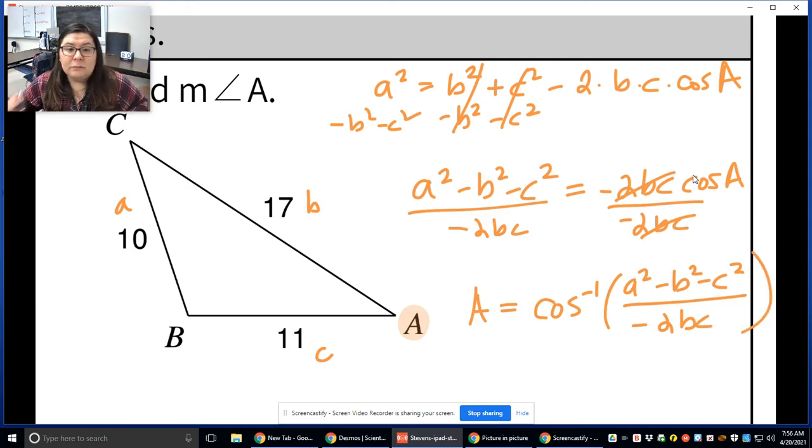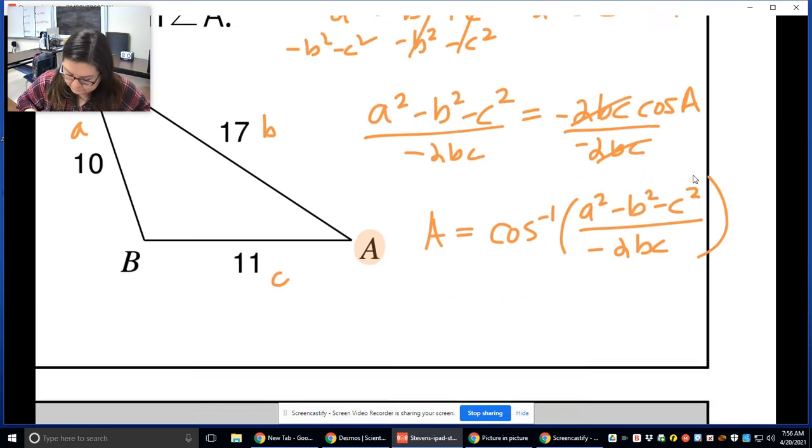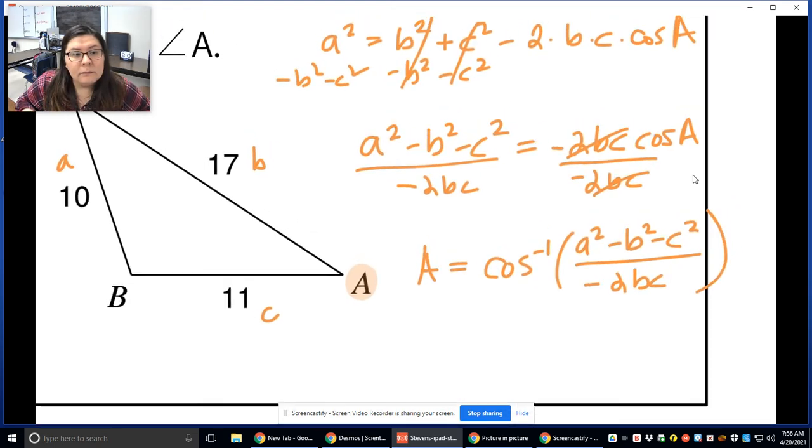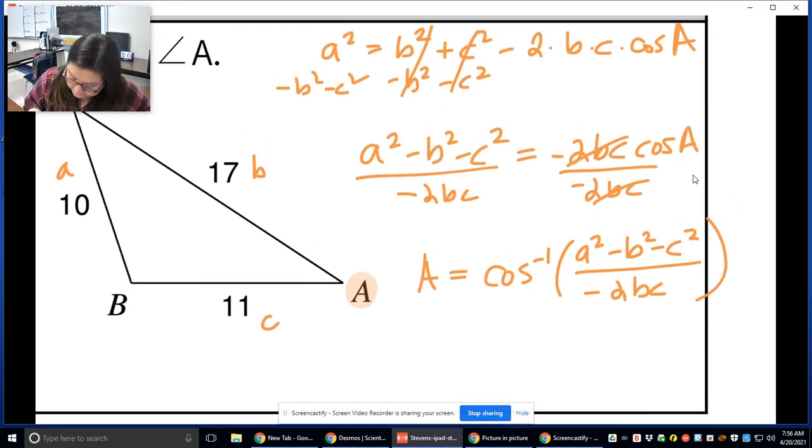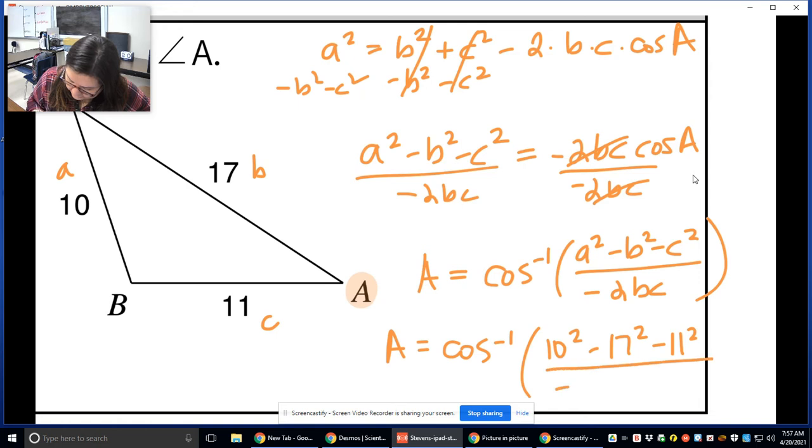Okay, well now I'm going to fill in my numbers. A was 10, so 10 squared minus 17 squared minus 11 squared over negative 2 times 17 times 11.